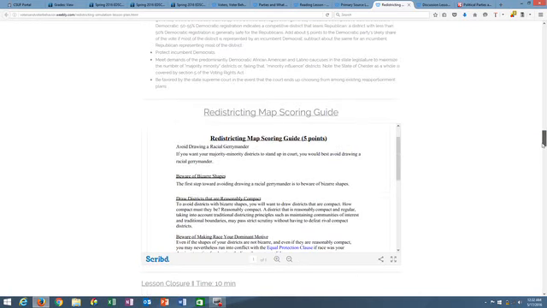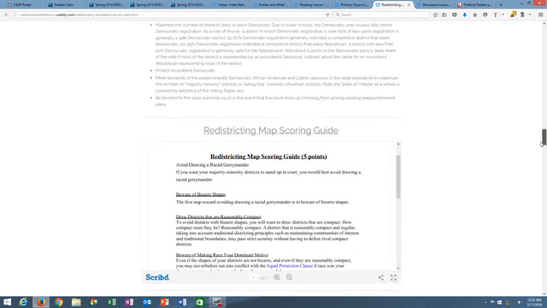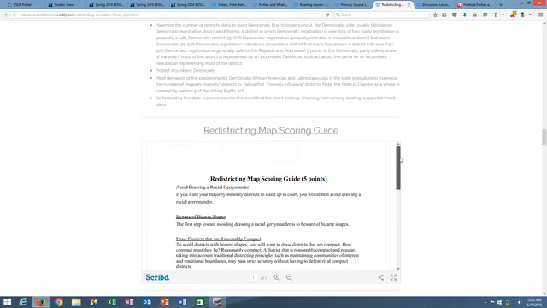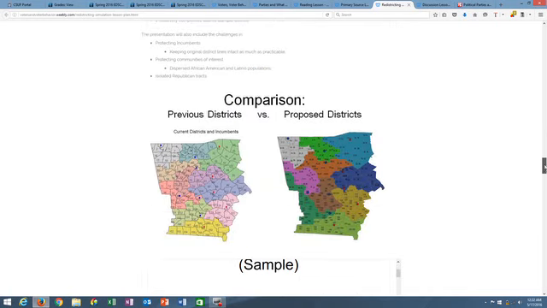As they continue on to the student engagement and critical thinking, they have this redistricting map scoring guide, and it will guide them on how to create it. They can use any kind of imaging software, or they can use a GIS, Geographic Information System, or a statistical software like SPSS or Minitab in order to create it.